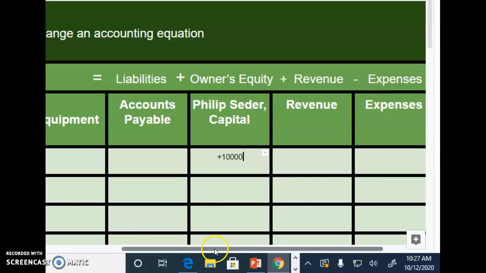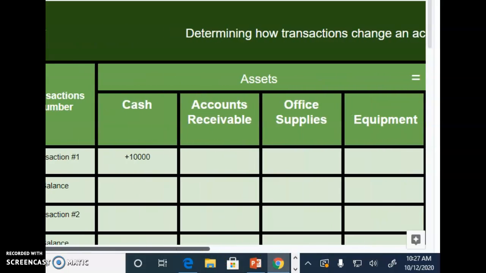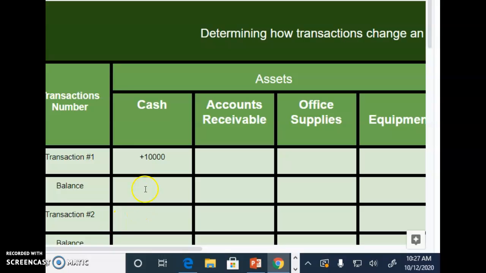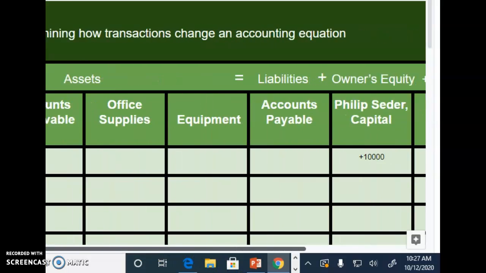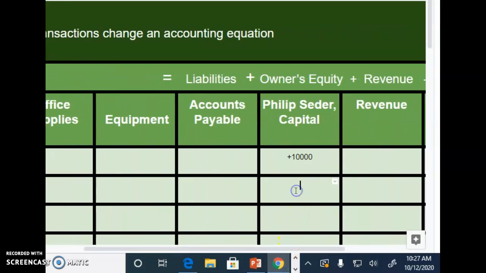And after every transaction, you are going to balance it. So there will be $10,000 in cash, and the capital account will have a balance of $10,000.